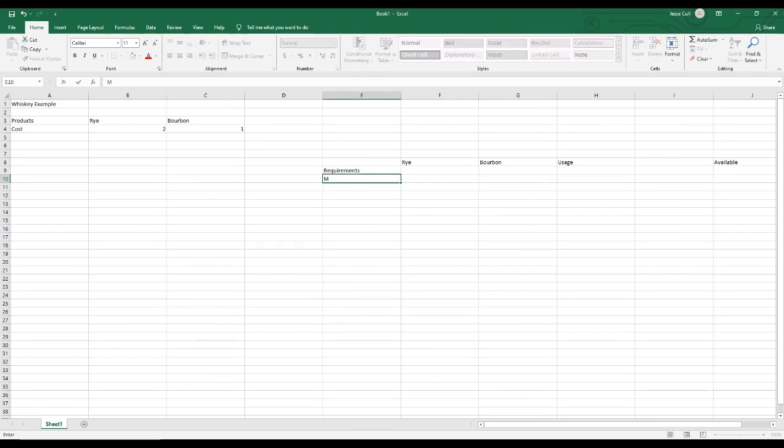So we have min rye, max bourbon, total order.